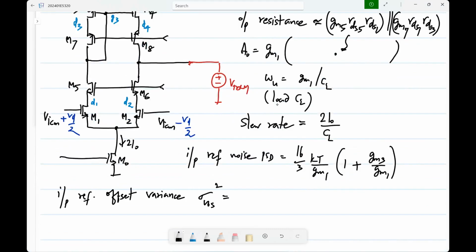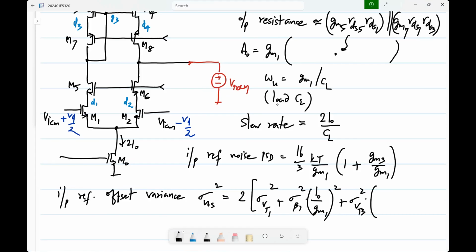So what was the expression? 2 times sigma VT1 square plus sigma beta 1 square times I0 by GM1 square, plus sigma VT3 square times GM3 by GM1 square, plus sigma beta 3 square times I0 by GM1 square.